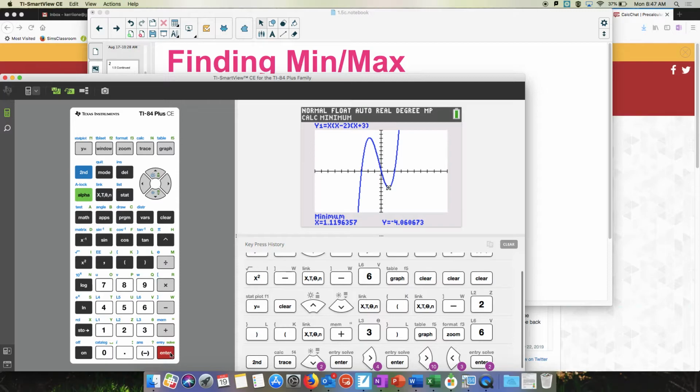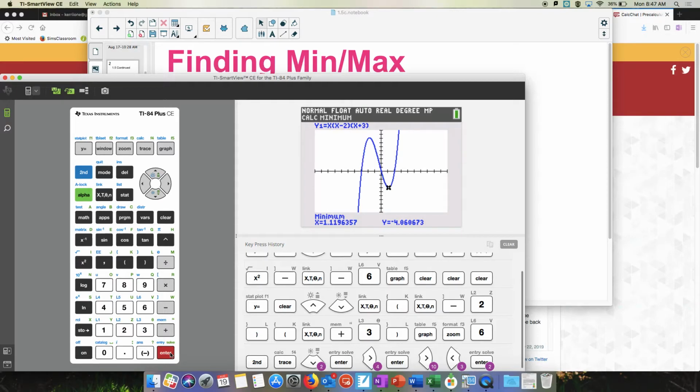So second trace is the calculate menu. Always press enter for guess. Yep.